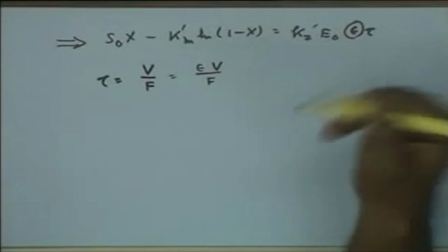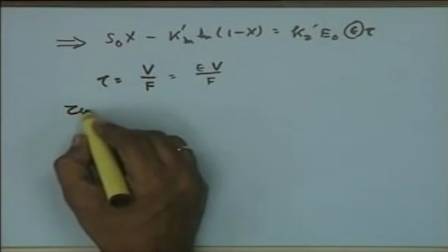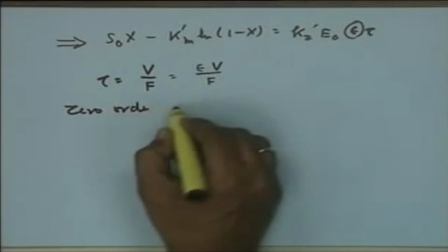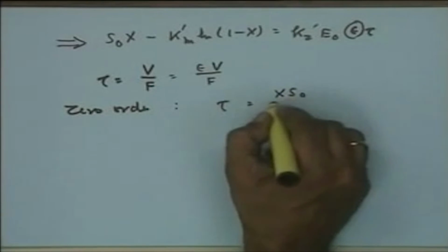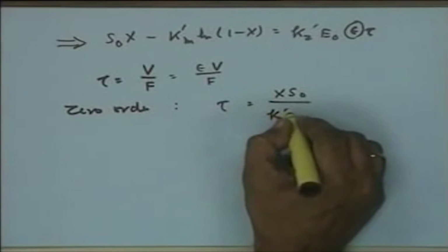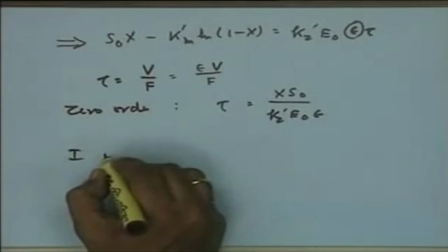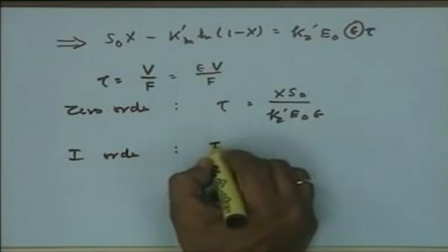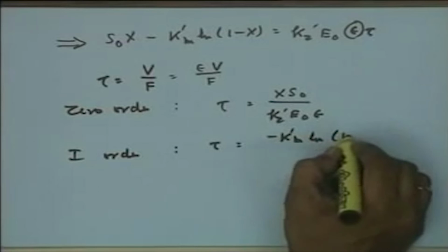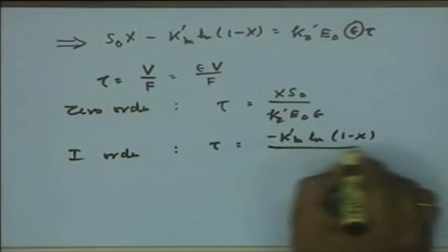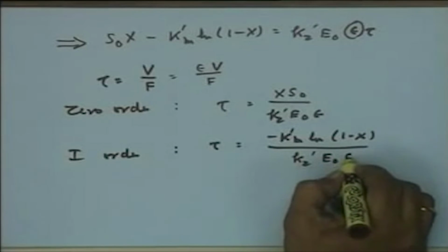Now, the same analysis as we did earlier, if you consider zero order kinetics, tau is equal to x S naught upon k 2 dash E naught epsilon, and for first order you have tau is equal to minus k dash m ln 1 minus x upon k 2 dash E naught epsilon.